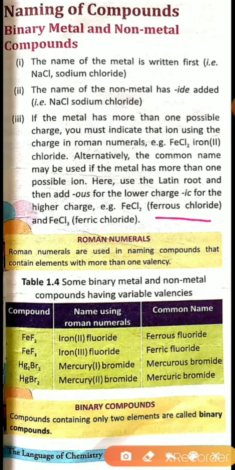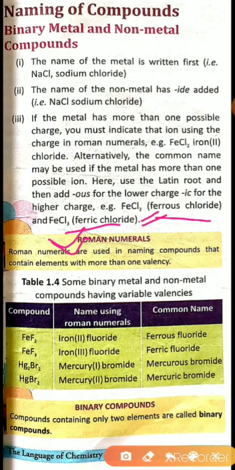Here, 2 atoms of chlorine are there, and here 3 atoms of chlorine are there. Out of this, which one is the higher one? This one is the higher. That's why here it is written ferric chloride, and here the chlorine atom is lower as compared to this one. So, here ferrous chloride is written.